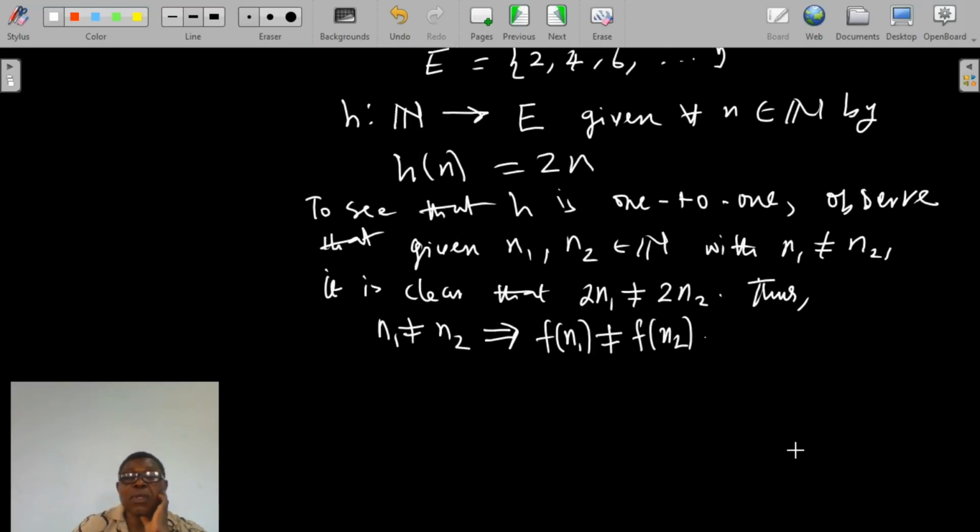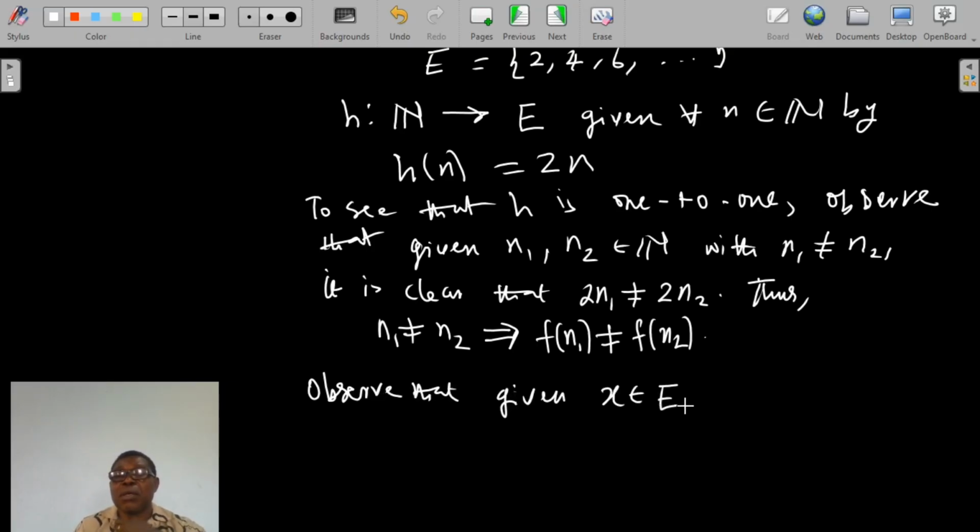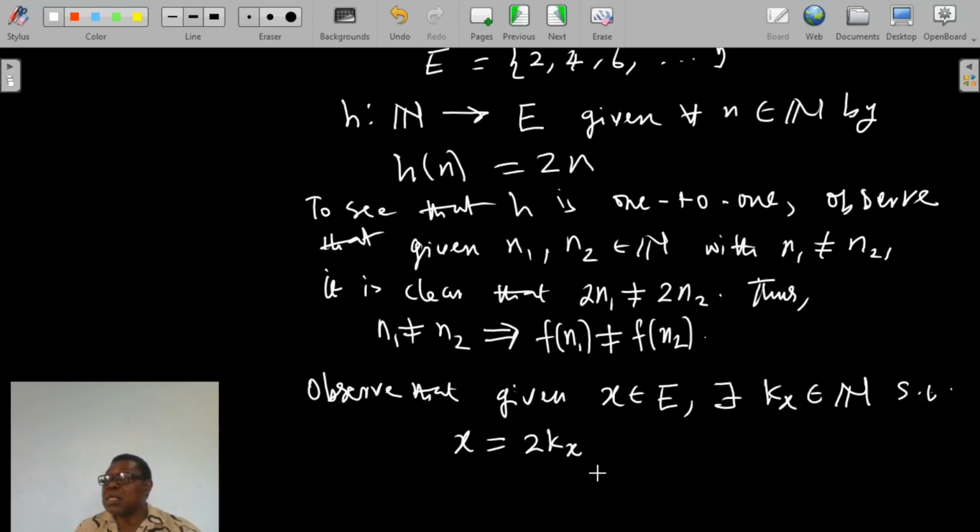Also, observe that given say x in E, there exists kx in N, the set of natural numbers, such that x is equal to 2kx. This is because every even number can be written as 2 times a particular natural number.